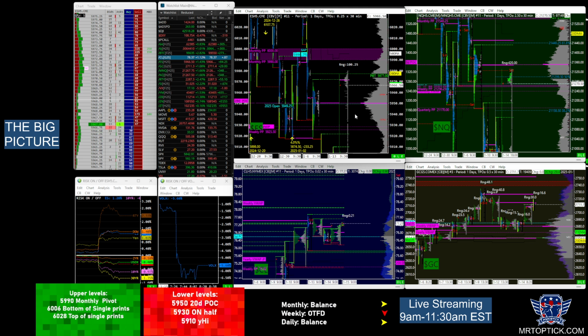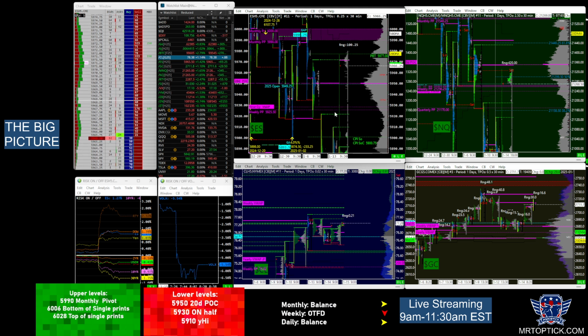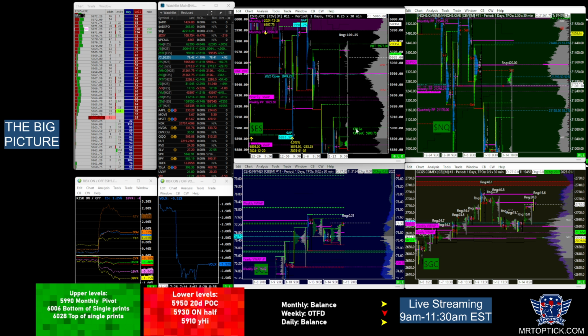If we get below that one, then I'm gonna be looking for a move down to the bottom side of this range, 59.30-ish, and then see if that holds. If it doesn't hold, then we're likely gonna go back, fill the gap, and go back and retake this whole move.